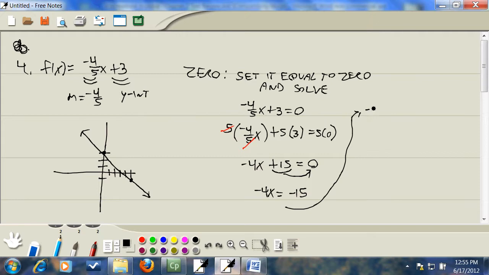Last step, divide both sides by the number in front of your x, which is negative 4. These negative 4s are going to cancel, and these negatives are going to cancel. And that gives us 15 over 4. And that's our zero.